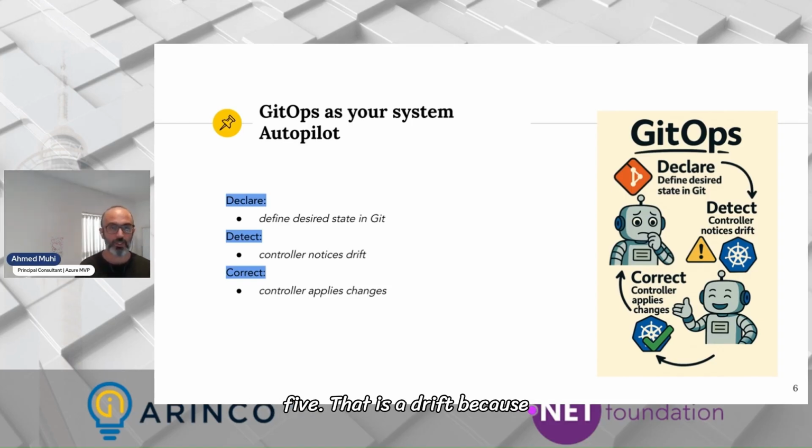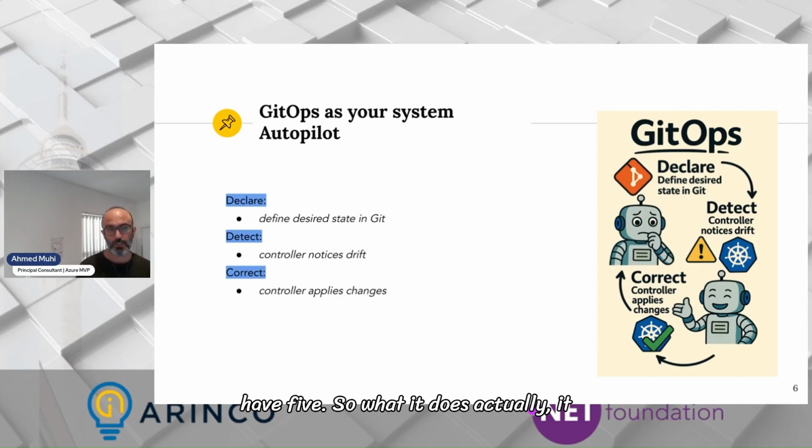That is a drift, because someone changed the system manually outside of GitOps. So the system would, after an interval you configure, go and check the Git repo and say, the Git repo is telling me that I should have 3 replicas, but my Kubernetes cluster is telling me that we have 5.